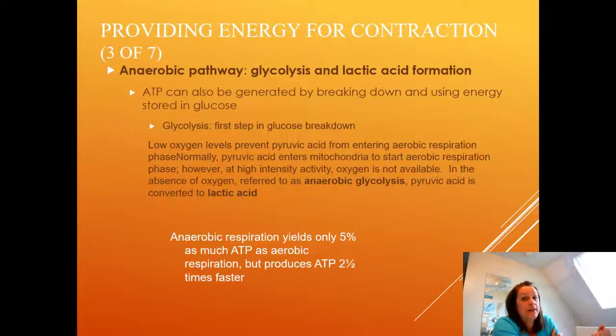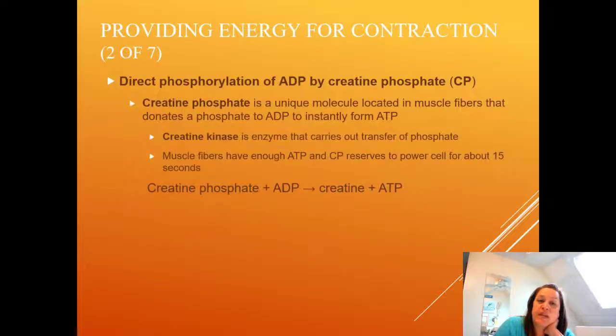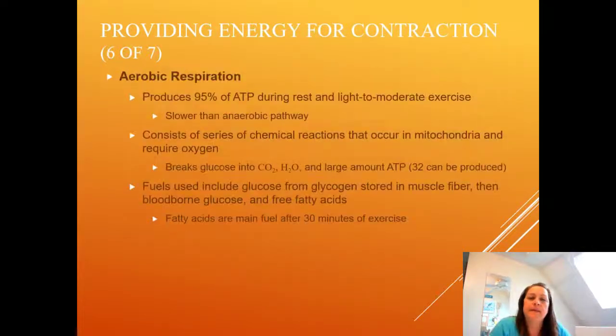If I'm preventing blood from entering the muscle tissue, I am reducing the sugar, reducing the oxygen. Well, I'm still trying to contract my bicep, so my muscle says, well, we need to go anaerobically. Then we're going to build up that lactic acid. I'm going to feel that burn later, right, in the meat, right? So anaerobic, no oxygen, but does create lactic acid. Only 5%, right, but we can still do more with anaerobic pathways than we can with direct phosphorylation pathways.